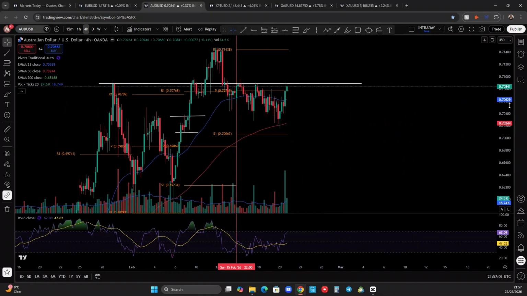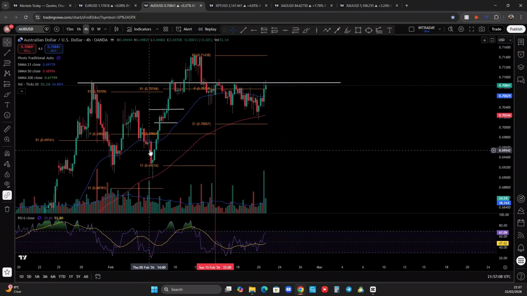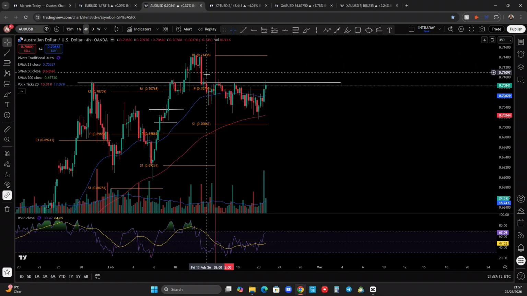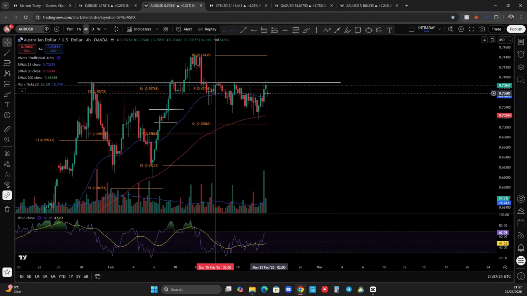Because when it reached this level the last time, it bounced all the way down here. Then it made its way back up, made its way through, but then failed to stay above the line, and then ranged just below the line, tried to push through but just could not push through. And here it tried twice.